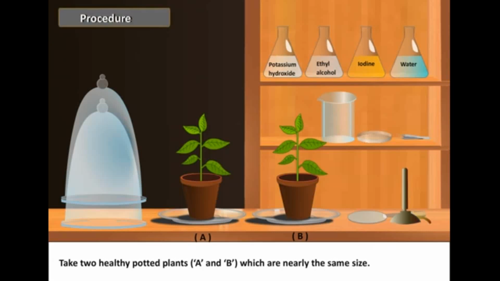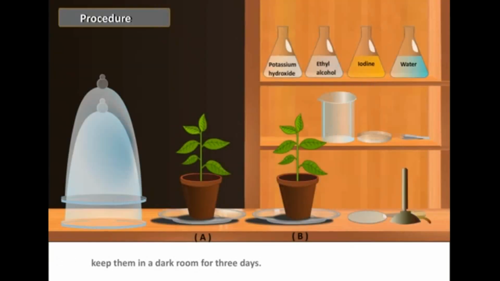Procedure: take 2 healthy potted plants which are nearly the same size. Keep them in a dark room for 3 days. Now place each plant on separate glass plates.